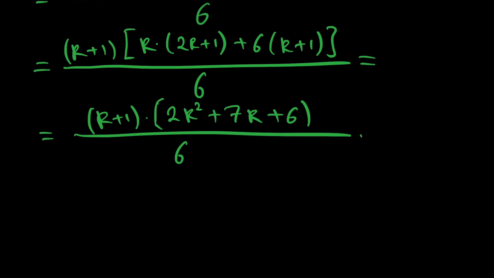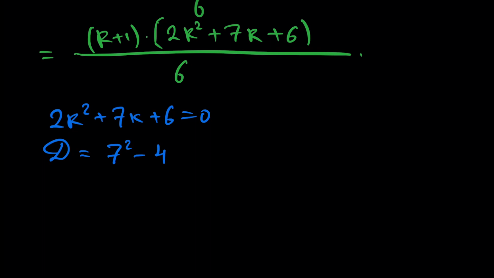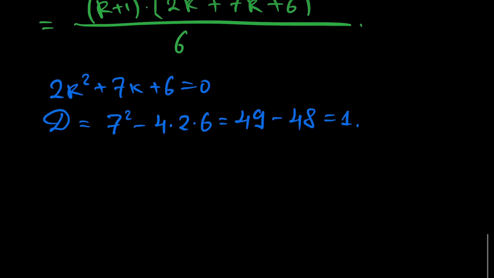Next, this quadratic term 2k squared plus 7k plus 6, assume this is an equation, and the discriminant of this equation will be 7 squared minus 4 times 2 times 6, or 49 minus 48, which is 1.